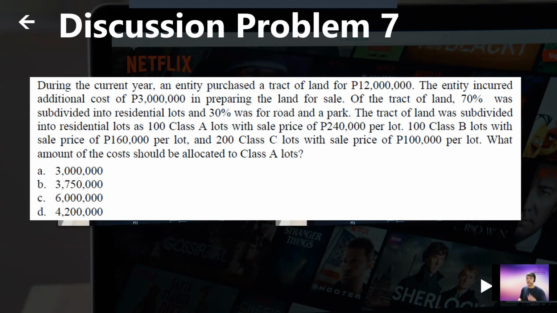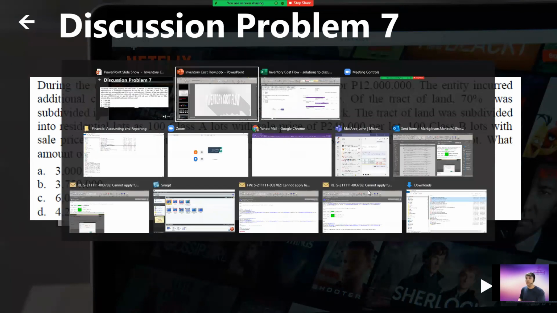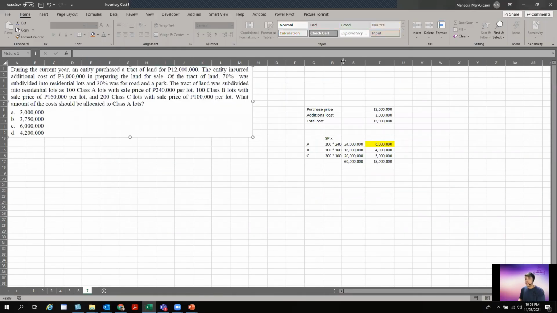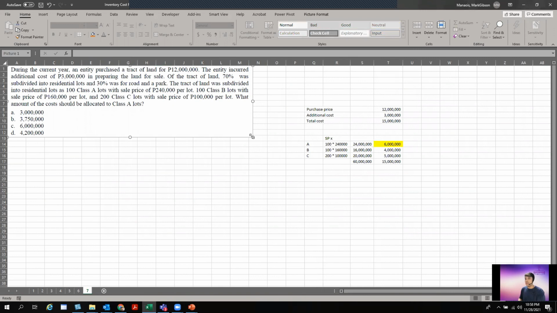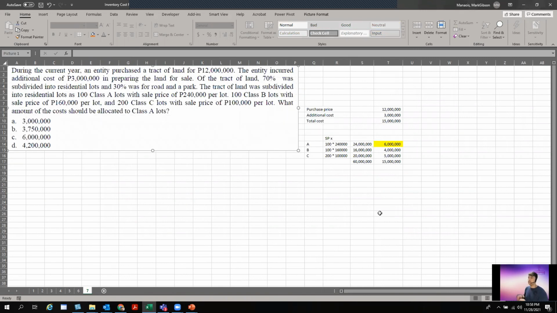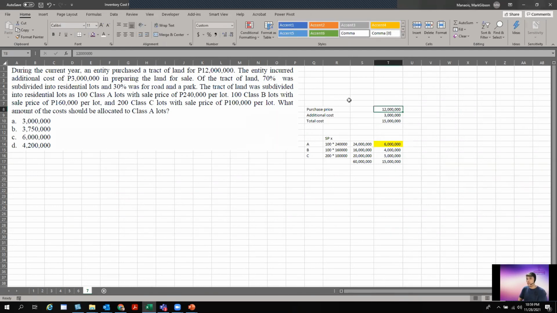So in this case, class, let's do this. Basically, class, using the relative sales approach, all we have to do is get the ratio first, no? So how much nga ba yung purchase price natin? So 12 million.